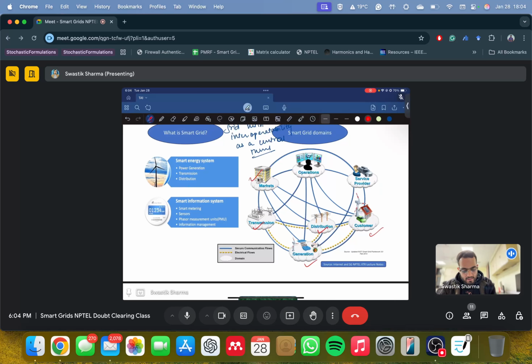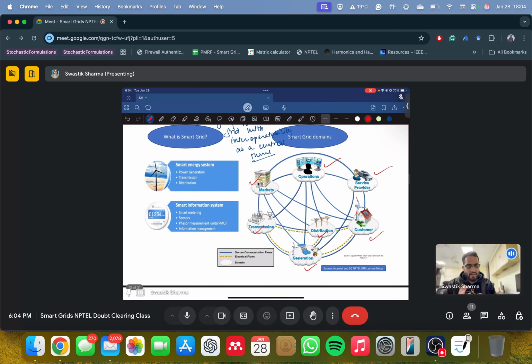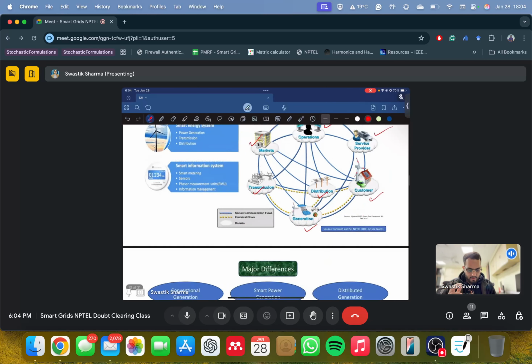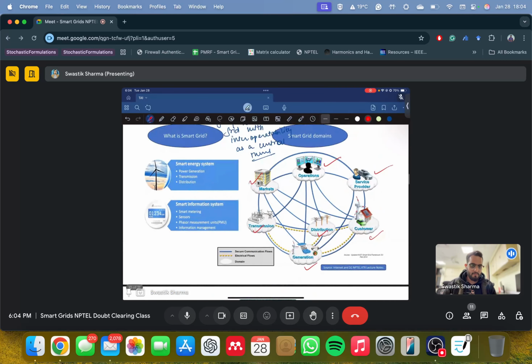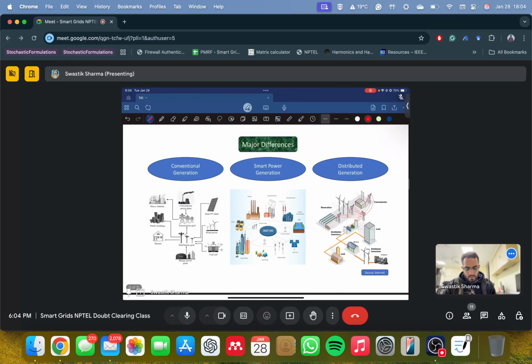Now we have added markets, operations, and service providers. All in contact with each other using some level of communication. This is what is meant by smart grid: interoperability, or communication between each and everything.